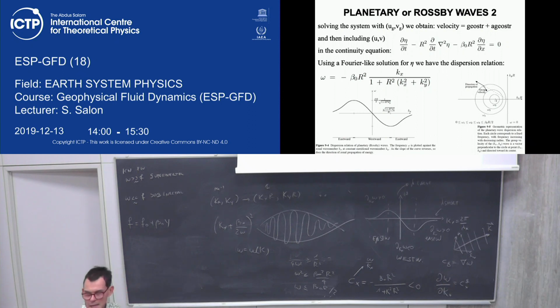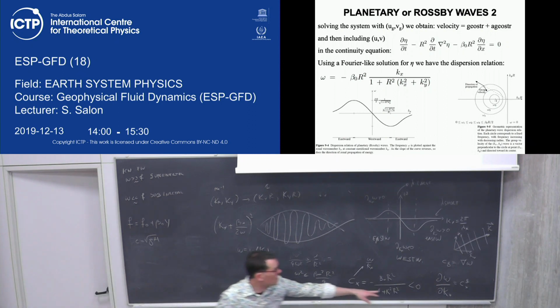That's why, for the surface gravity waves, the phase velocity is constant and positive, so you don't have any kind of dispersion. And there is no group velocity because omega is constant.